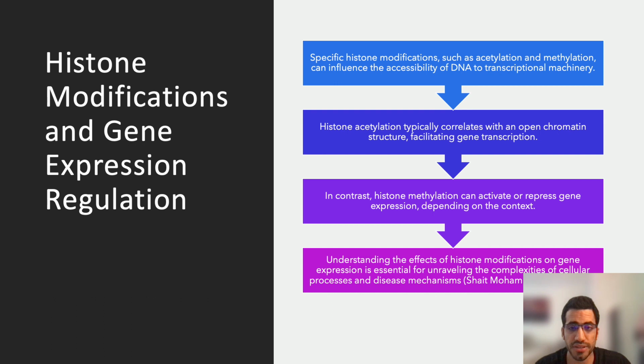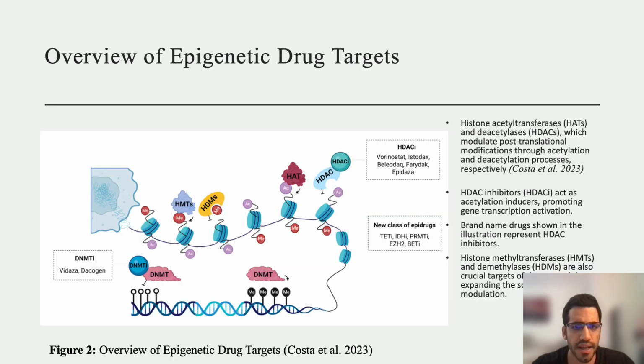This is important to understand how they play dynamically and how they can be targeted to improve the results of cancer therapies, which is something that we're going to discuss in this slide. For example, we can see the histones with the enzymes that are going to be targeted by drugs that researchers have created.